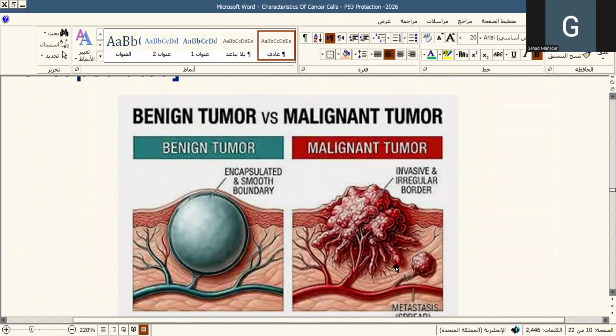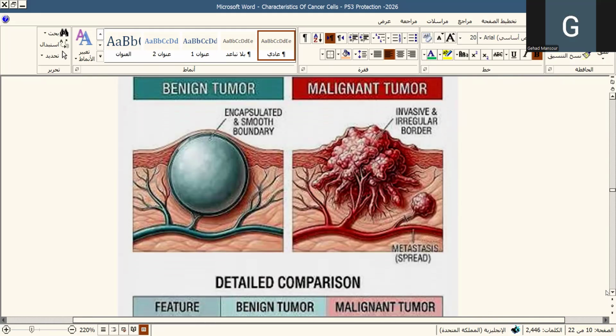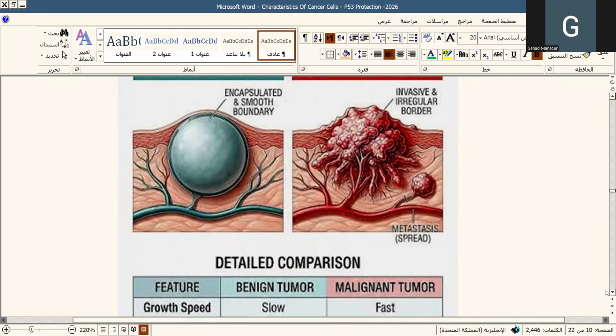But if you have a mass of cancerous cells that can secrete enzymes to digest any capsule formed and even digest and invade the normal cells around the tumor, and if you see the tumor branching like this and having a fuzzy, irregular outline without a well-formed capsule, and if you find that it is richly supplied with blood and highly vascular, this indicates that it's a highly active malignant tumor.